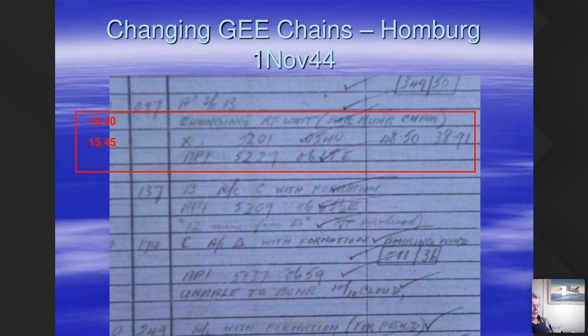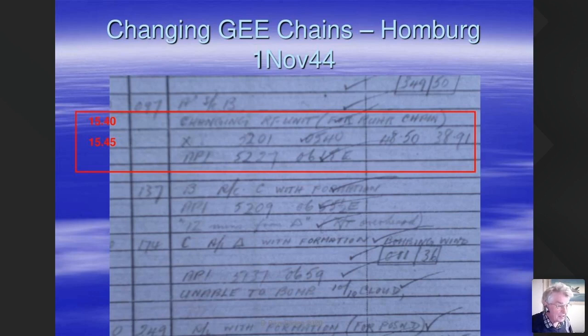And here we are. This is an example. I've lost the top of my screen, so I can't tell you which trip it was, but it was on the 1st of November. And you see that at 1540, Pybus changed the RF unit, and he selected the RAAF chain, and he tuned in, and he got G units 48.5 and 38.91.